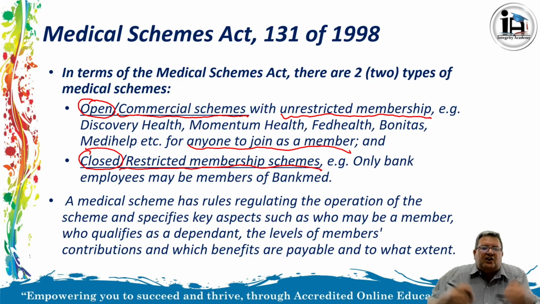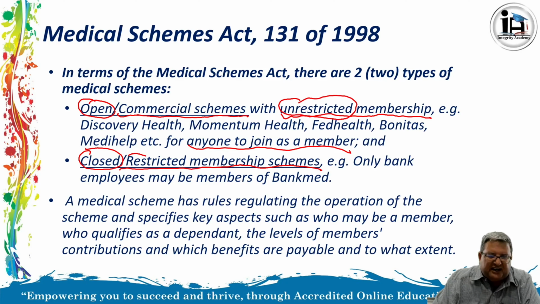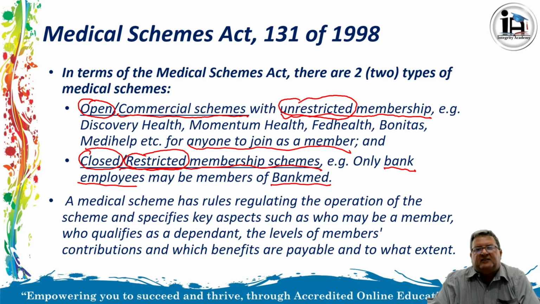When you look at the closed medical scheme, the restricted one, you see that this one was unrestricted. The closed one is restricted. Why is it restricted? For example, only people that work in the bank, bank employees, may be members of BankMed.